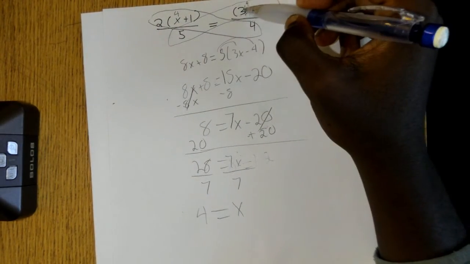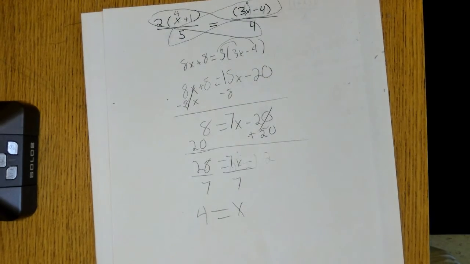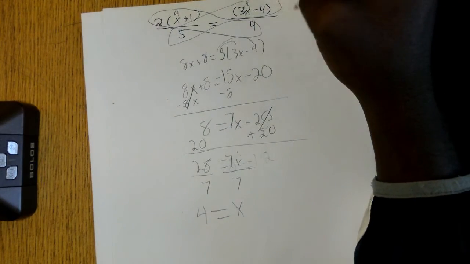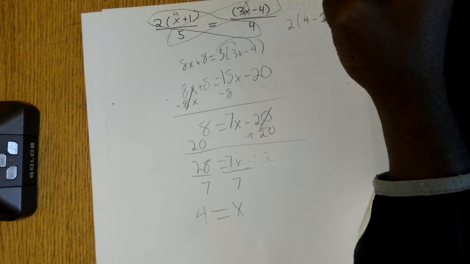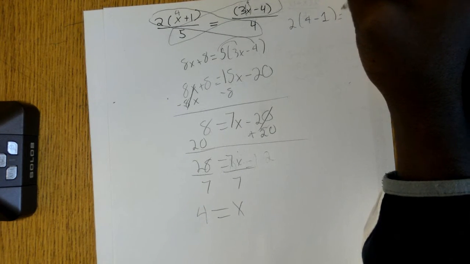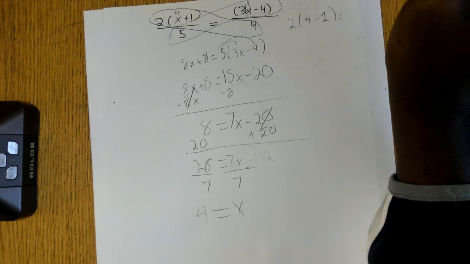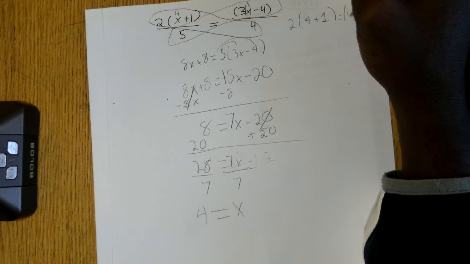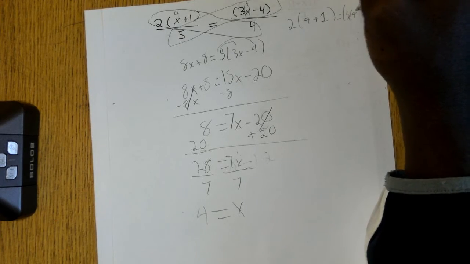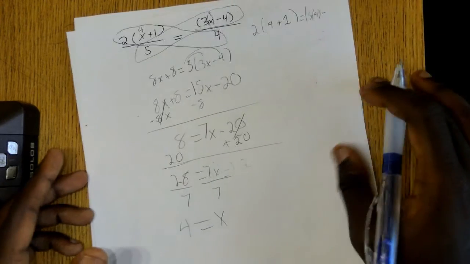So that'd be 12 right there, minus 4. So I just rewrite it out. Yeah, that's fine. Is that a plus or a minus? Minus. Plus. Oh, plus, my bad. You're fine. So then that would be 3 times 4 minus 4.